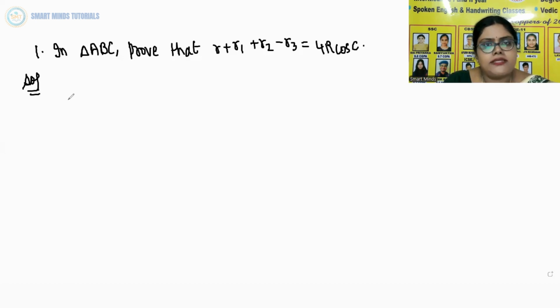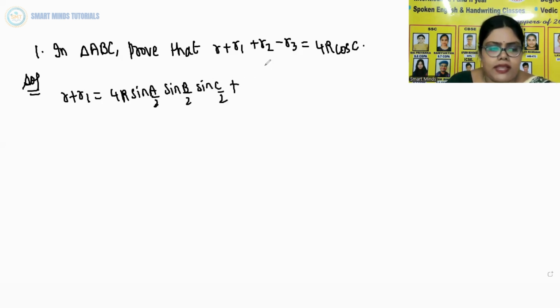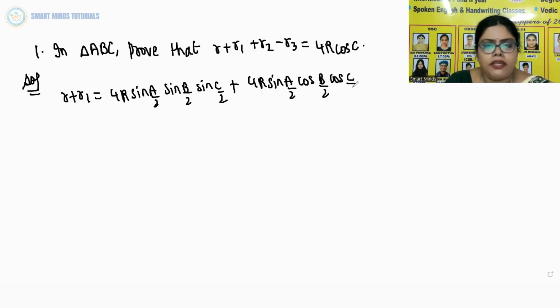So first let us take r plus r1. r we can write as 4R sin A/2 sin B/2 sin C/2 plus r1 we can write as 4R sin A/2 cos B/2 cos C/2.